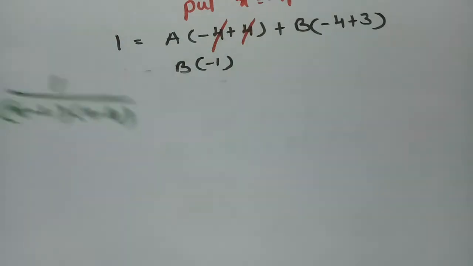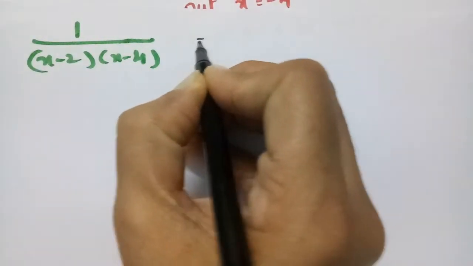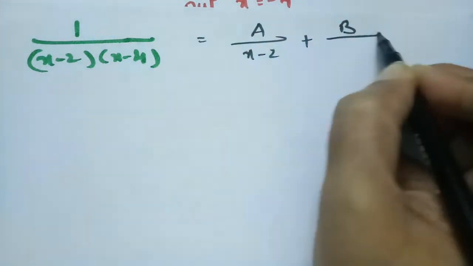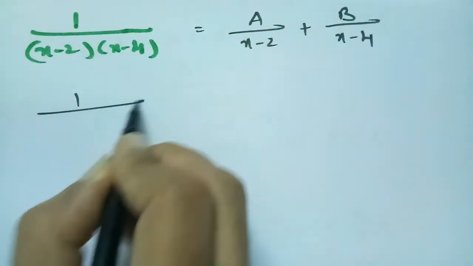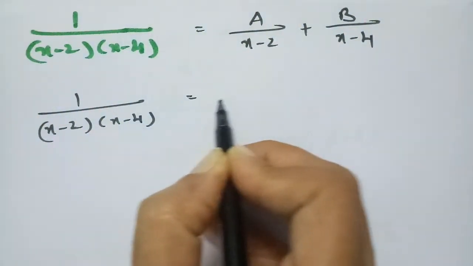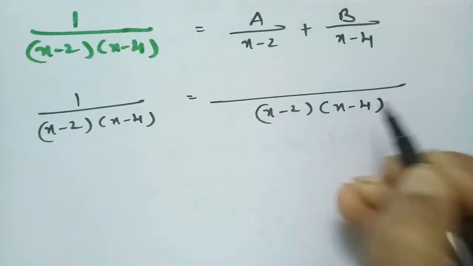And the next one here, now I have to resolve this equation. For resolving, this will be a by (x minus 2) plus b by (x minus 4). So I can write 1 by (x minus 2)(x minus 4) is equal to, if I take LCM, (x minus 2)(x minus 4).